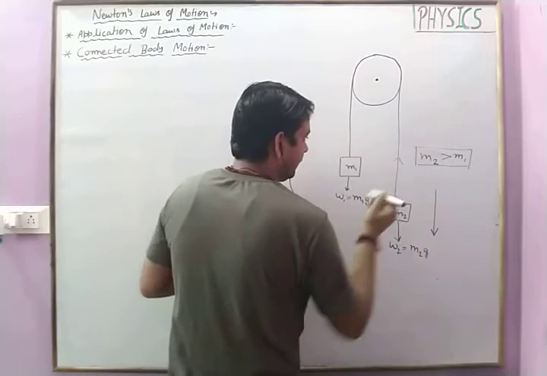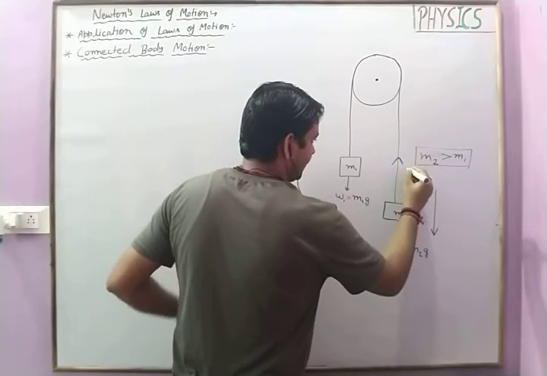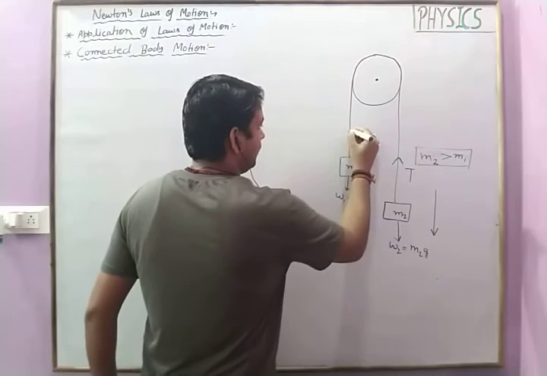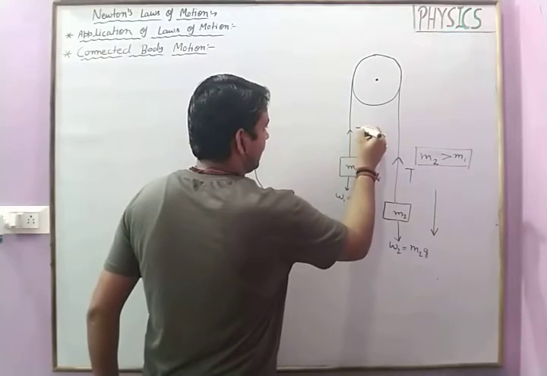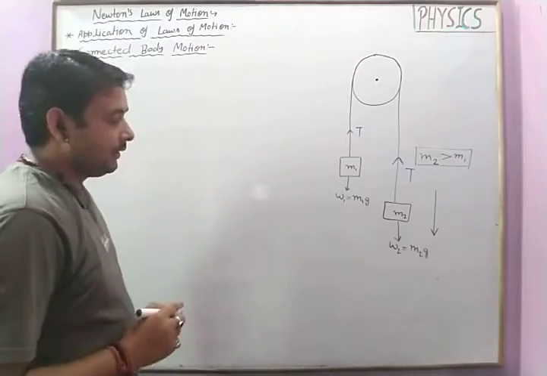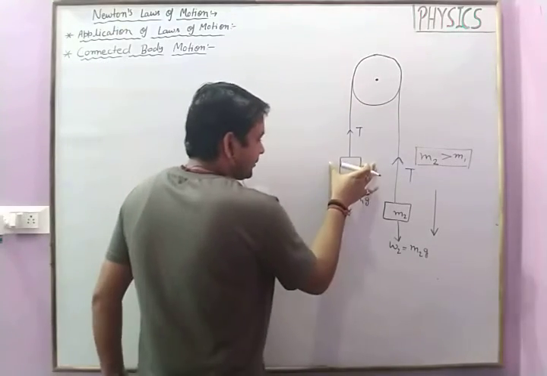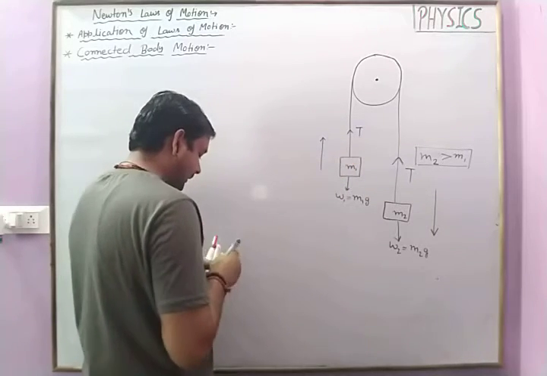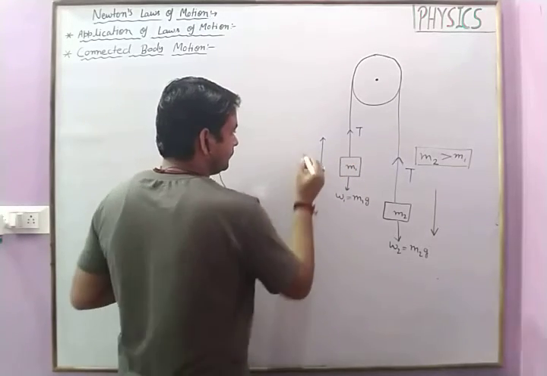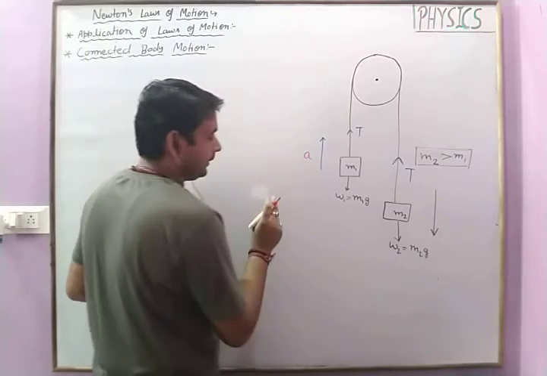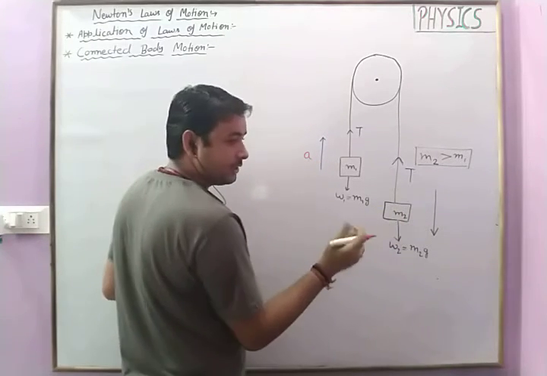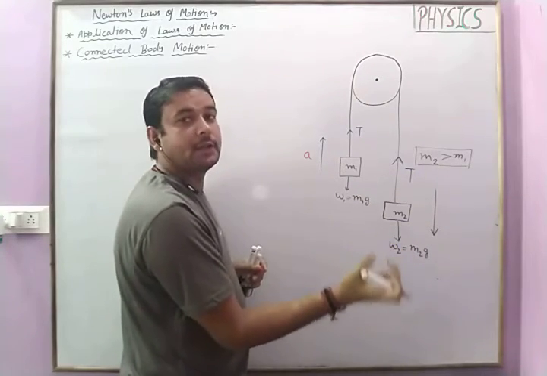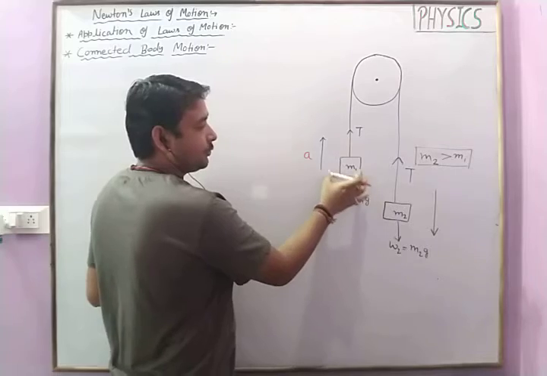Okay, अपवर्ड डायरेक्शन में टेंशन बॉडीज में है, that is T, and for the body 1 also the tension is in upward direction. It is observed that the first body is moving up with an acceleration a, which is due to motion of the second object because of its larger mass comparison to the first.